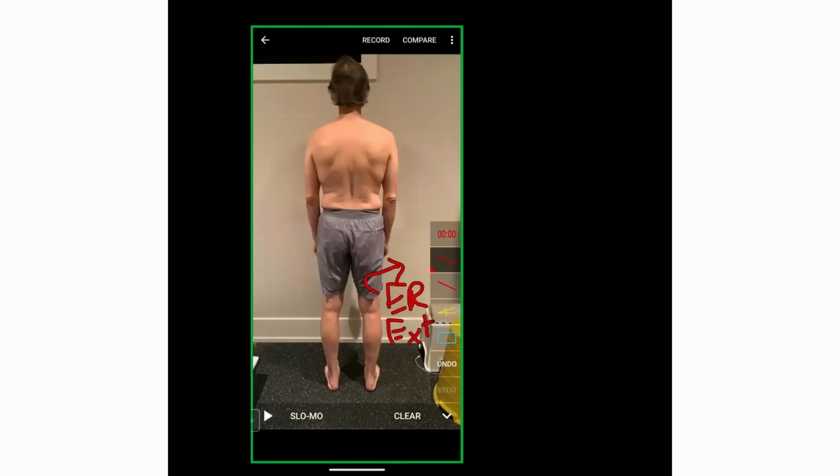So I would want to investigate, and in fact, we did investigate in our session, what is the dynamic movement potential of his knee? Can it flex and have the right direction of femoral internal rotation? And can it extend and have a femoral external rotation? More on that later.